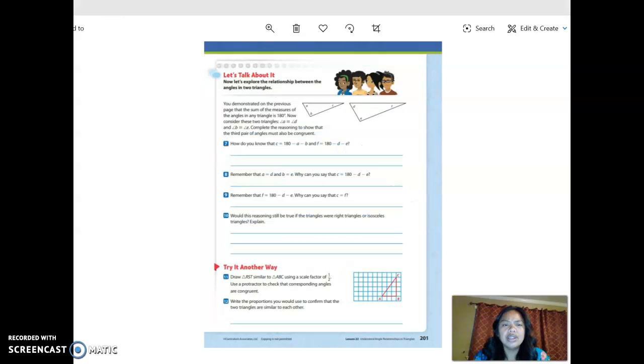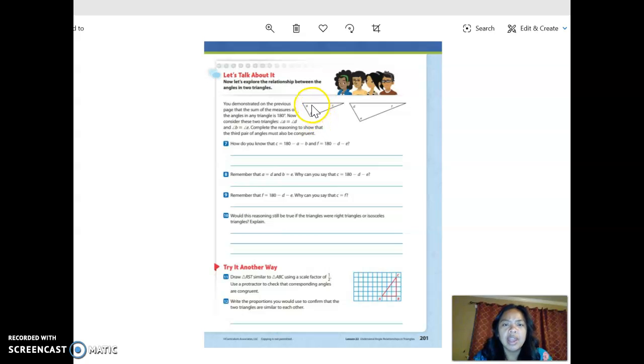Okay, the next few questions actually, I want you guys to try on your own because it's reasoning how you know. Okay, it says you demonstrated on the previous page that the sum of the measures of the angles in a triangle is 180 degrees. So when you add up all 3 angles, it is 180 degrees. Now consider these 2 triangles.